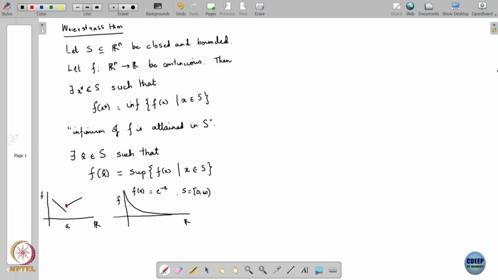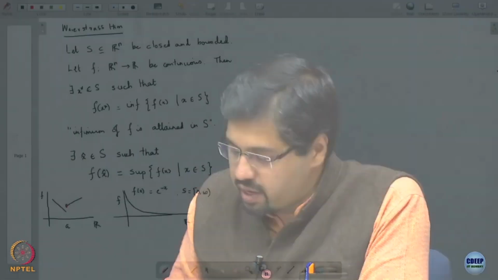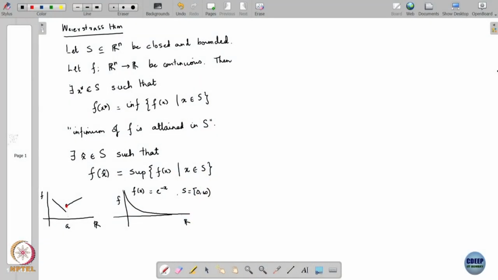What is the infimum of f in the second case? The infimum of f over S is 0, and we found that there was a problem here: there was no x star for which f of x star equals the infimum.